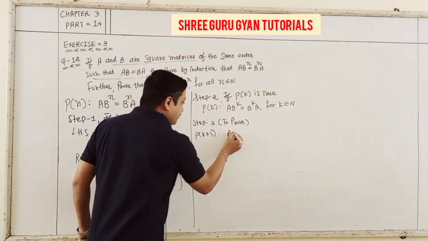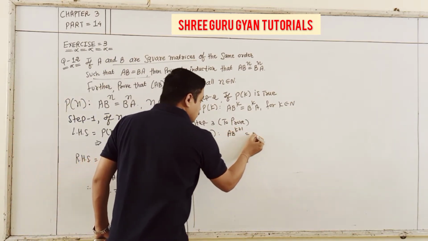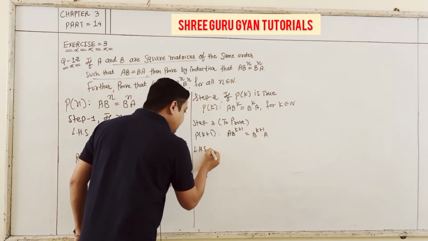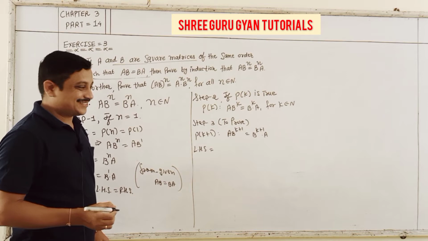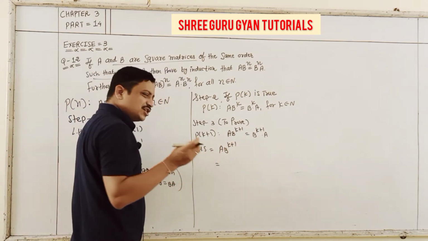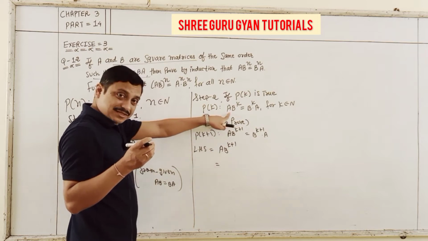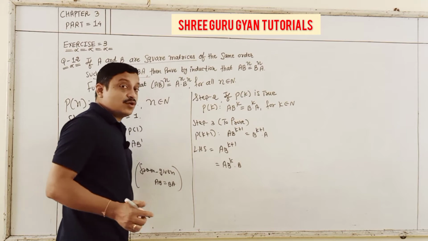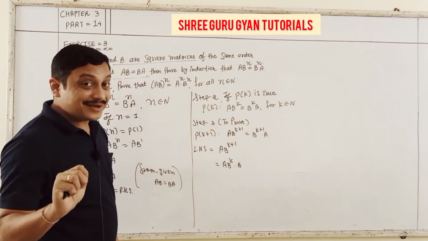So (AB)^(k+1) equals B^(k+1) into A, and now I will start with my LHS, (AB)^(k+1). You will write it using these steps. So (AB)^k into AB, because base same, powers add.